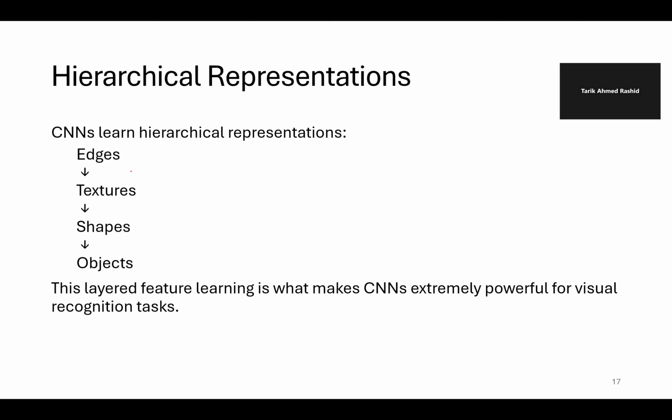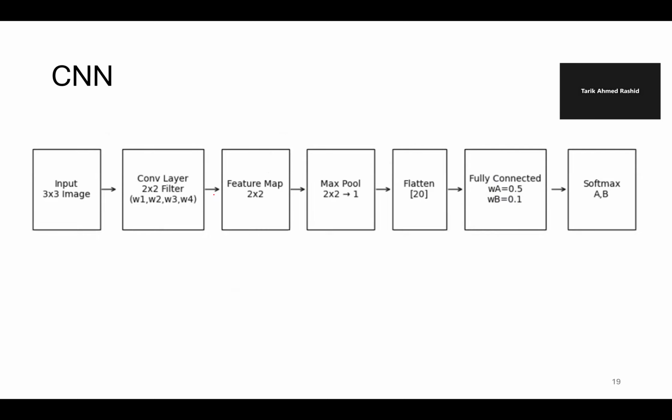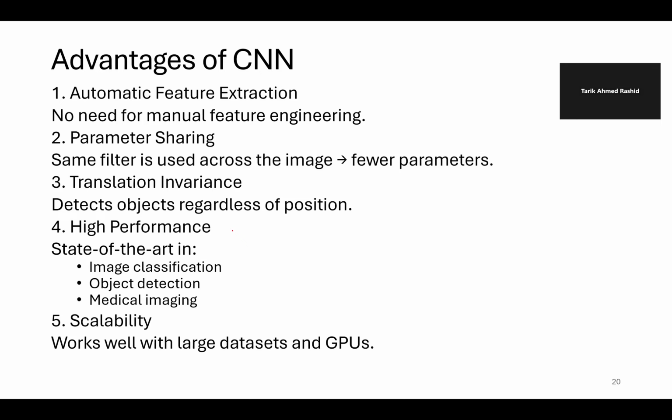We said that the hierarchical representation of CNN is edges, then textures, then shapes, then objects. This is the diagram that we explained earlier. This is another simple diagram to represent your CNN. Advantages of CNN. This is different from traditional neural network. It does feature extraction by itself.